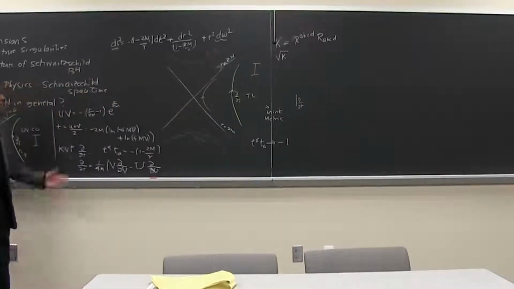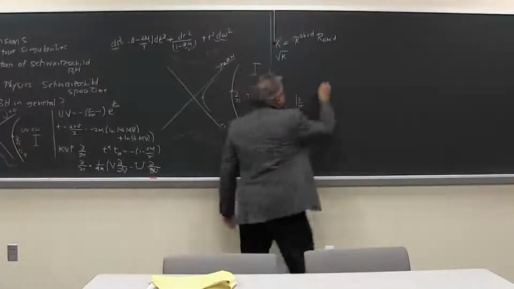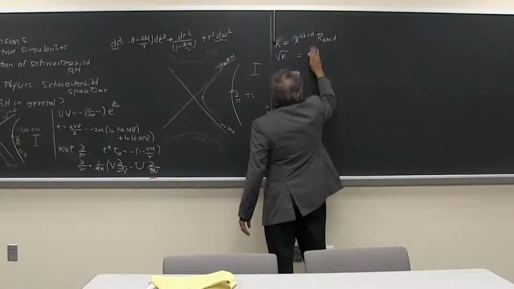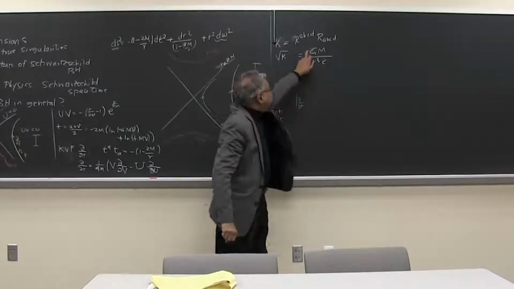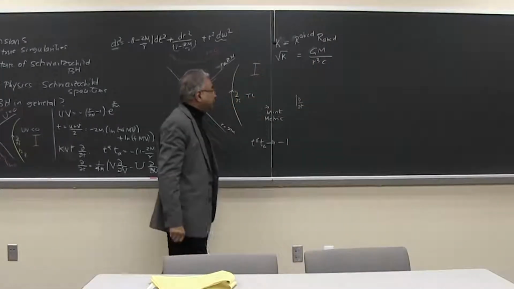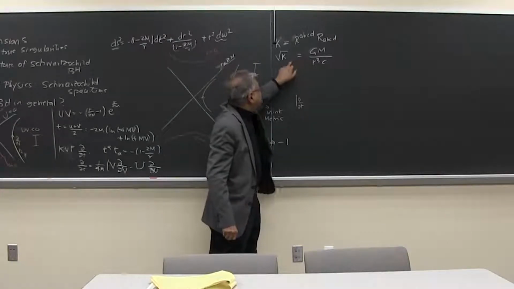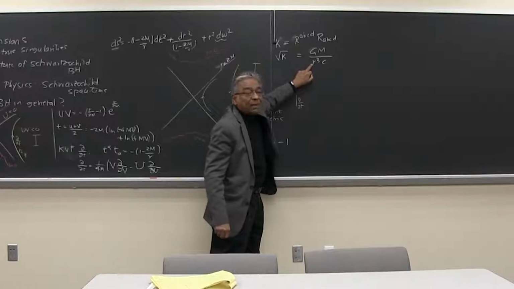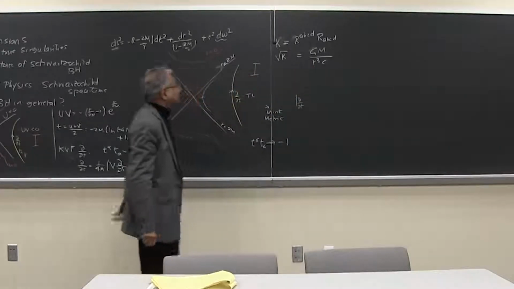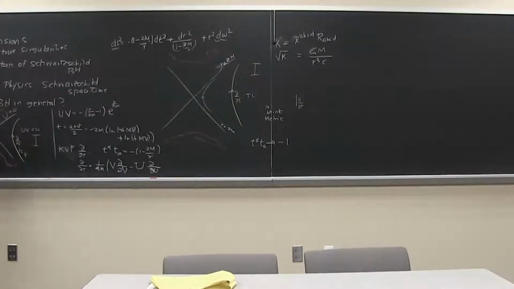The statement was that this actually goes like G_N M upon r cubed times c squared. This has dimensions of 1 upon length squared, which is what it should be. So that's what the Kretschmann scalar looks like.